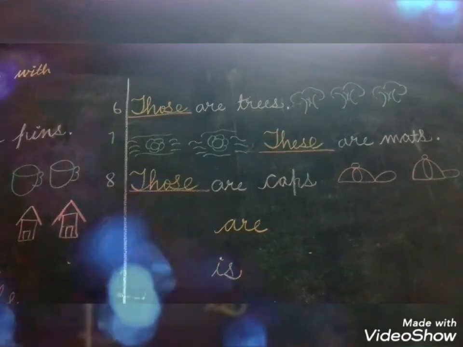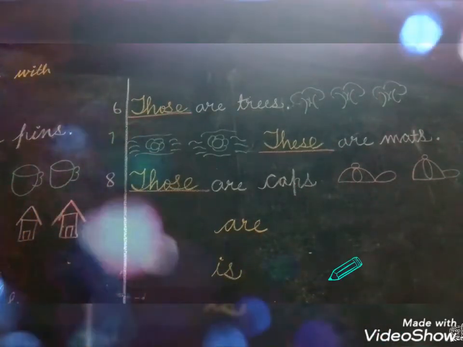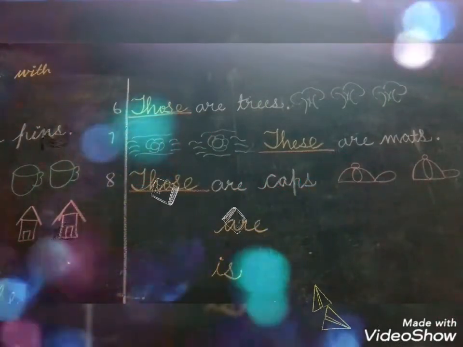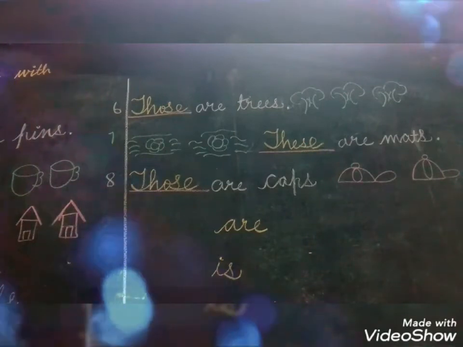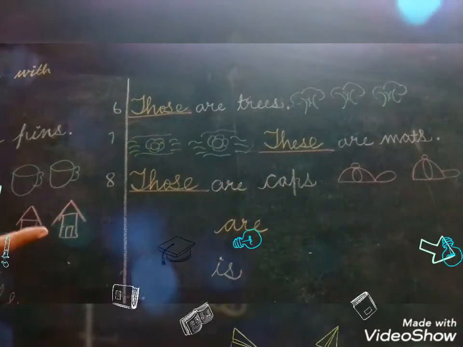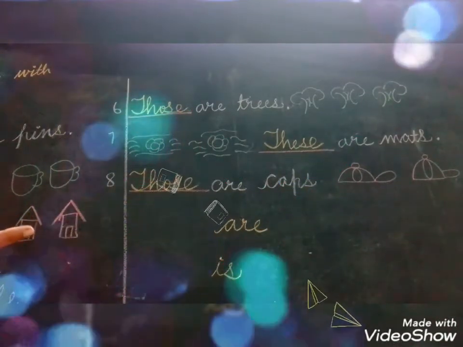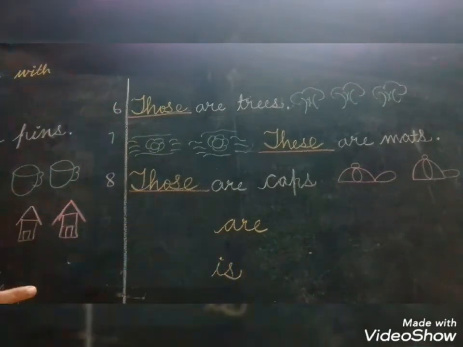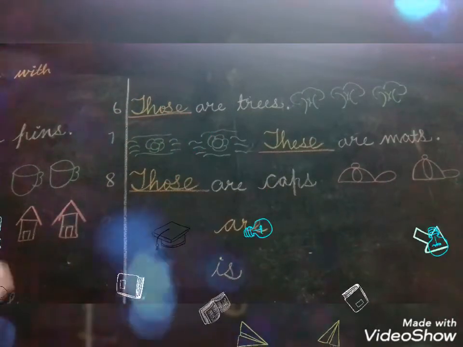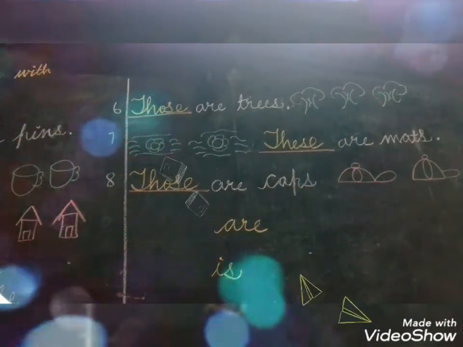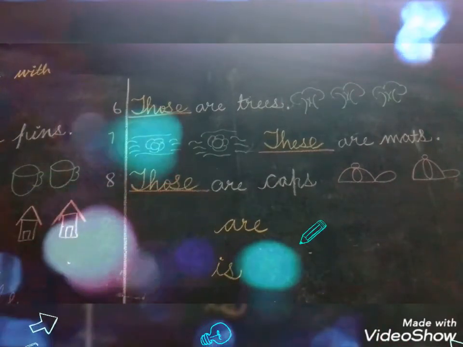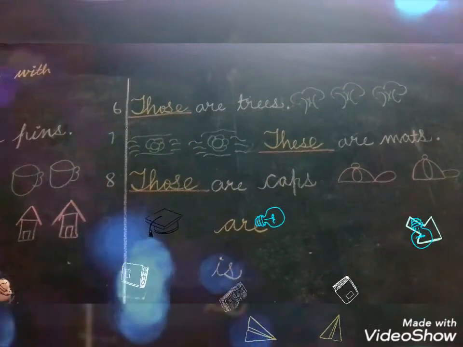And these is used for near, for many things, and those is used for far, for many things. For more things that are close to us, we use these. For more things that are far from us, we use those.